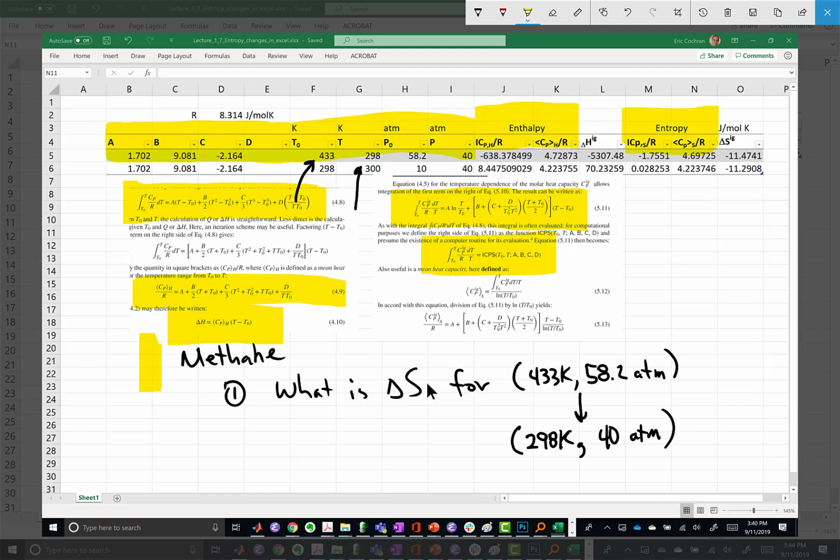Then column N is implementing this equation for the average heat capacity, the one that you multiply by the logarithm of T over T naught to get the temperature contribution to a change in entropy. And then the final column is the resultant change in entropy for the process. For the first process, the answer is going to be about minus 11.5 joules per mole Kelvin.